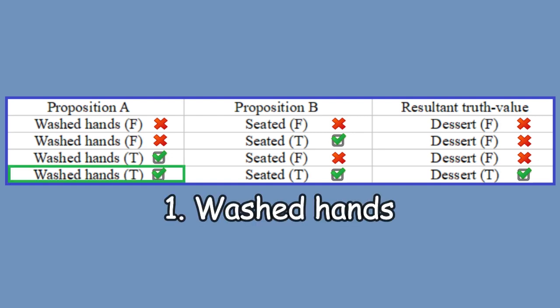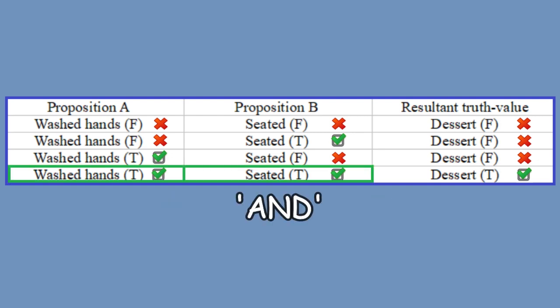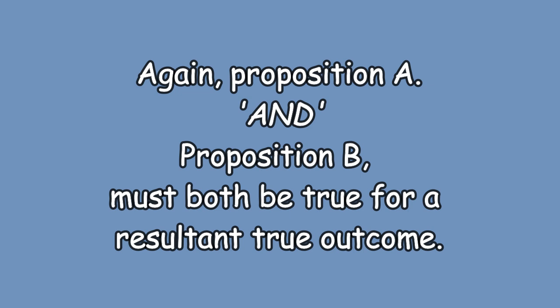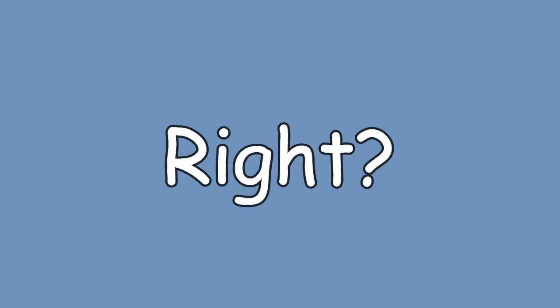He must have 1. washed his hands, and 2. be seated at the table in order to be awarded with dessert. Again, proposition A and proposition B must both be true for a resultant true outcome. But you already knew that, right?